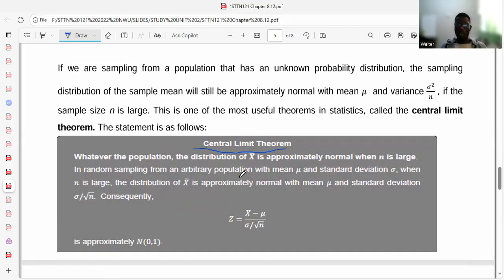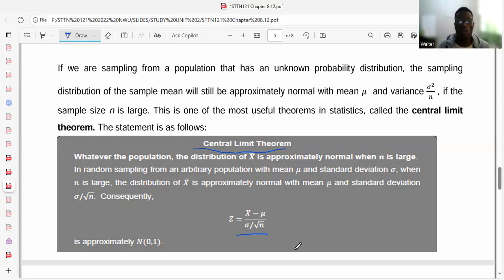But now, under the central limit theorem, the only thing they are going to add is n, the square root of n. And remember I said this whole part here is what we call the standard error of the mean. If they give you a question and they want you to calculate the standard error of the mean, this is the formula you are going to use: the standard deviation over square root of n.